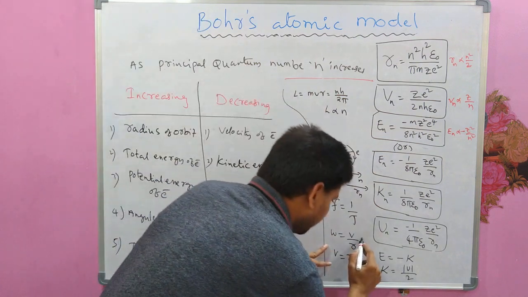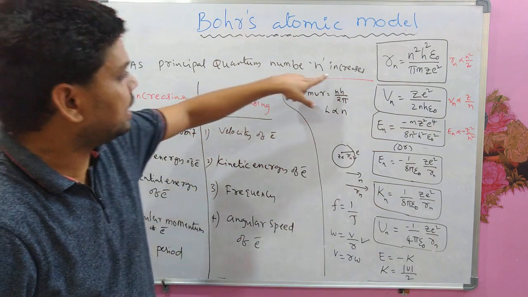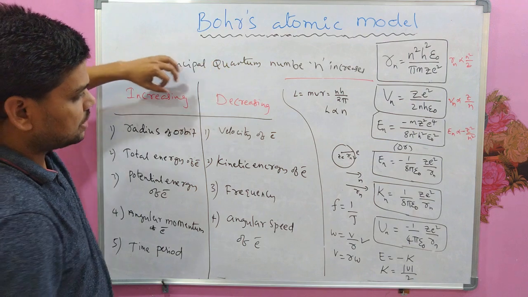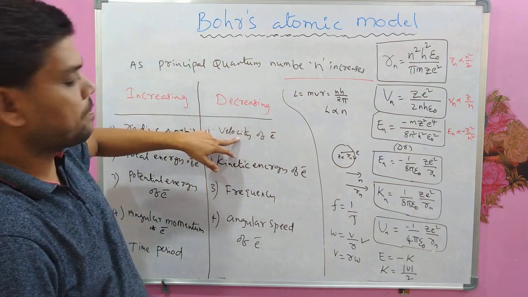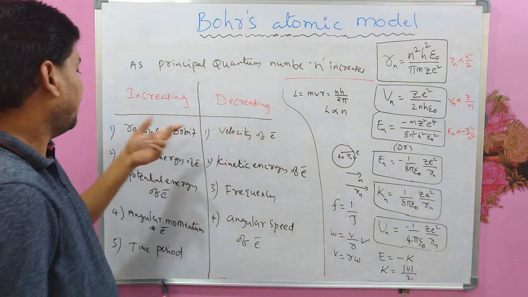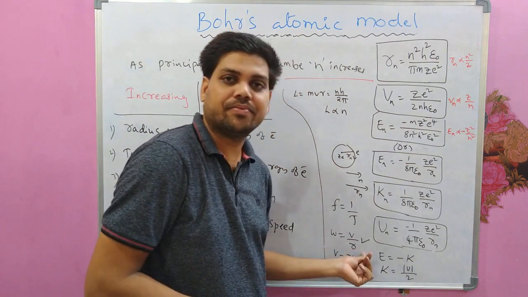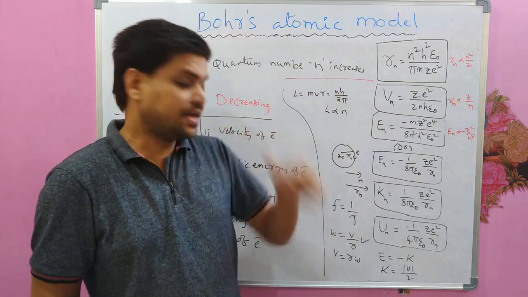Now, if you observe this formula, with respect to n increase, velocity is decreasing, that is the numerator is decreasing, and radius is increasing, that is the denominator is increasing. As n increased, V decreased or increased?